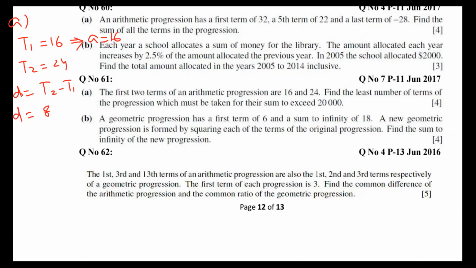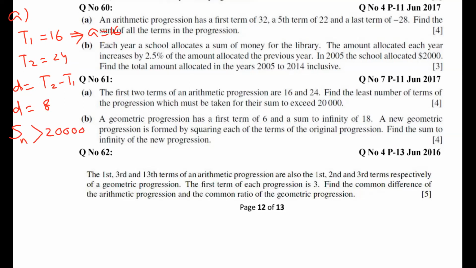Okay, read. Find the least value of the number of terms of the progression which must be taken for the sum to exceed 20,000. What does this mean? Sn exceeding 20,000, so more than 20,000. This is called sum exceeding. So first of all, let me try the first part, then inshallah the B part.